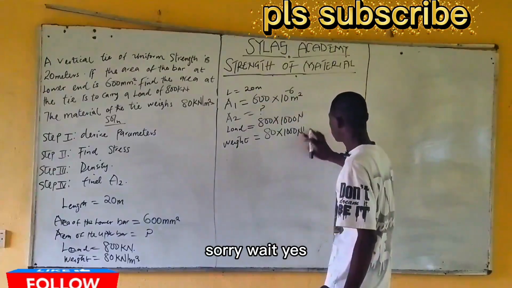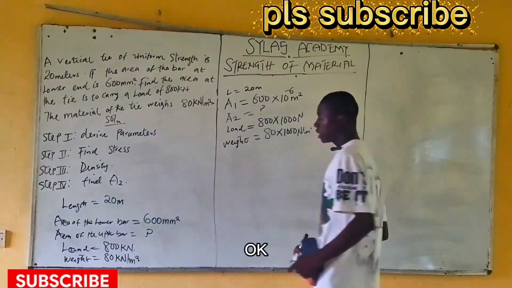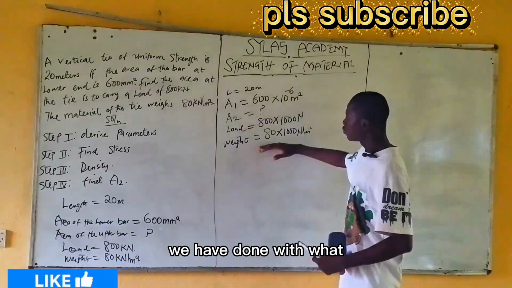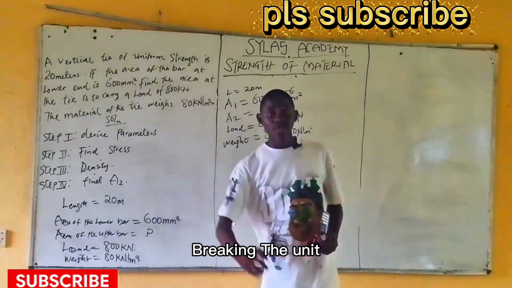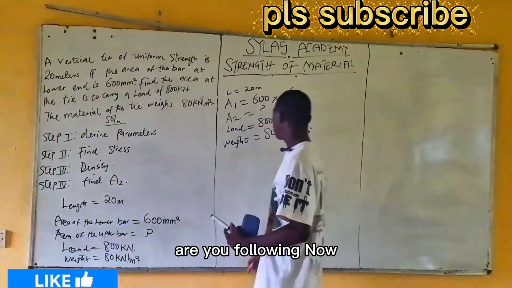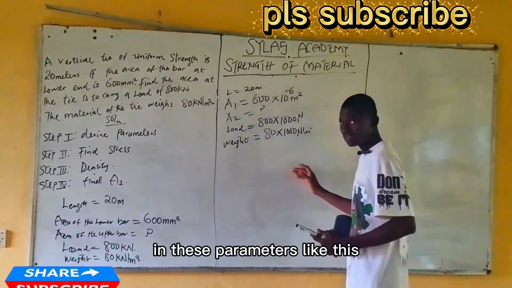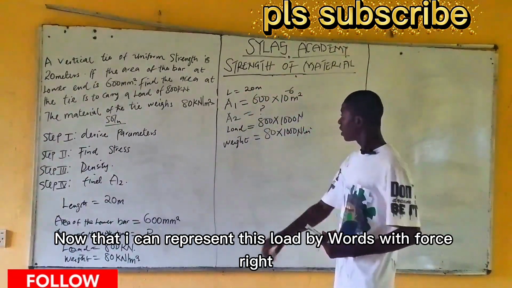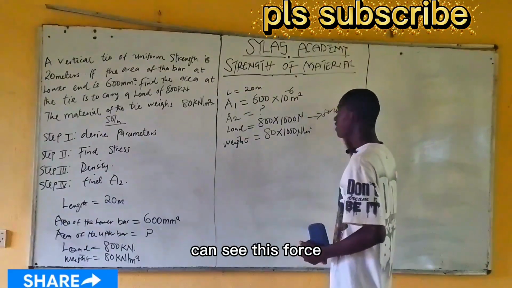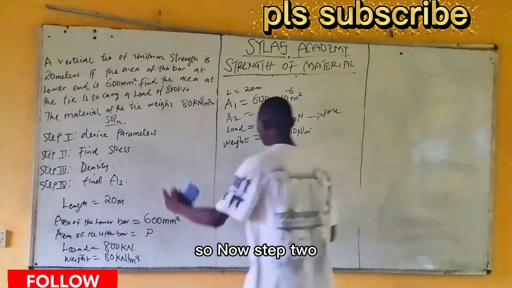Now, we have done with breaking the units. The second step shows to find the stress. In these parameters, how can I find stress? Now I can represent this load with force, so we can say this force.